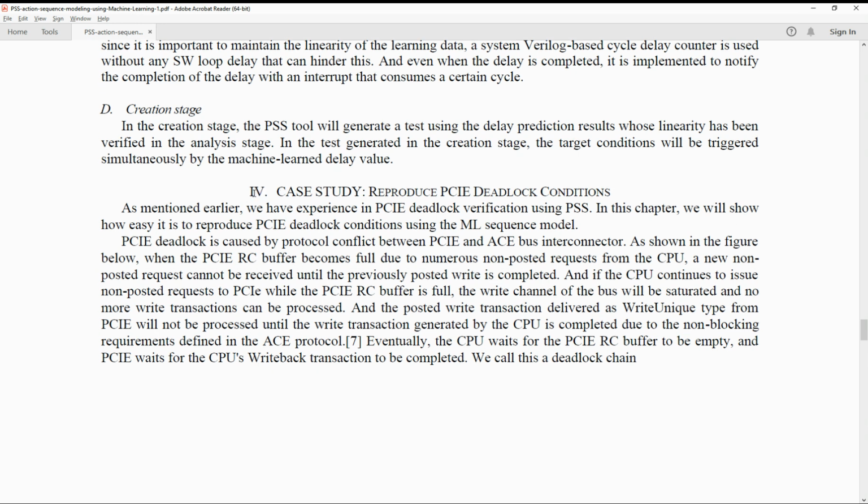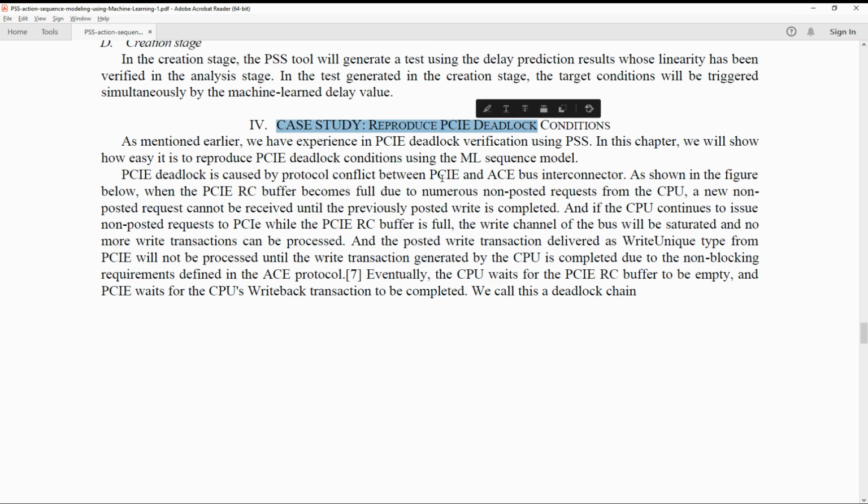Case study: reproduce PCIe deadlock conditions. As mentioned earlier, we have experience in PCIe deadlock verification using PSS. In this chapter, we will show how easy it is to reproduce PCIe deadlock conditions using the ML sequence model. PCIe deadlock is caused by a protocol conflict between PCIe and the ACE bus interconnect.